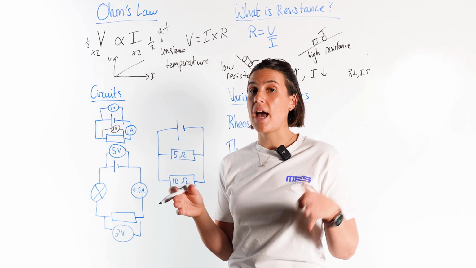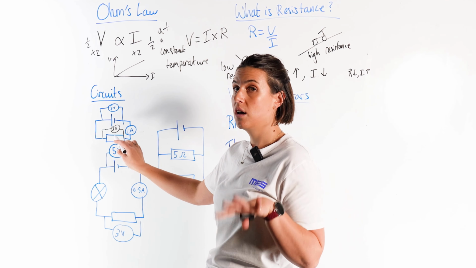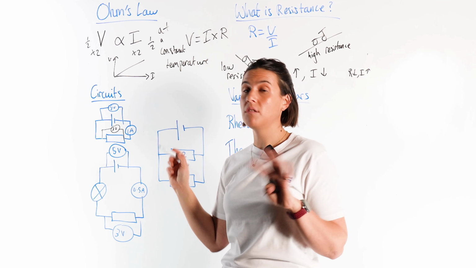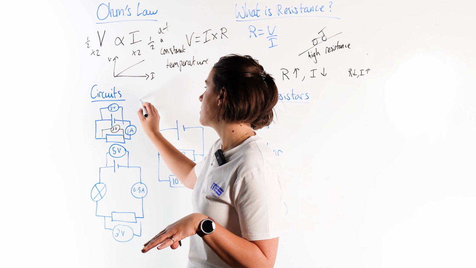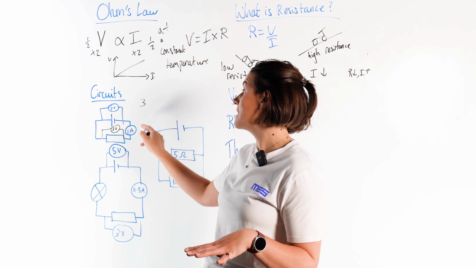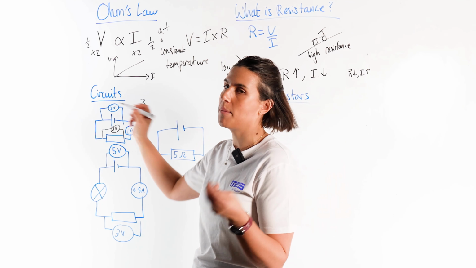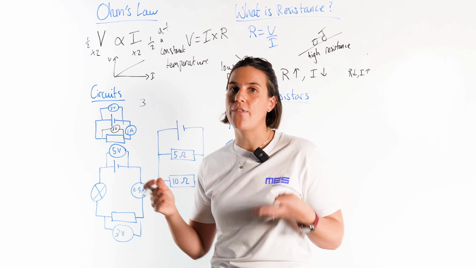So if I want to work out the resistance of the resistor, I can use this equation. I know the potential difference of the resistor, it's 3. I know the current in the resistor because this is a series circuit, so the current is the same everywhere. These little runners coming out of the cell only have one path they can follow. So the current's going to be 1, and that will give me the resistance.